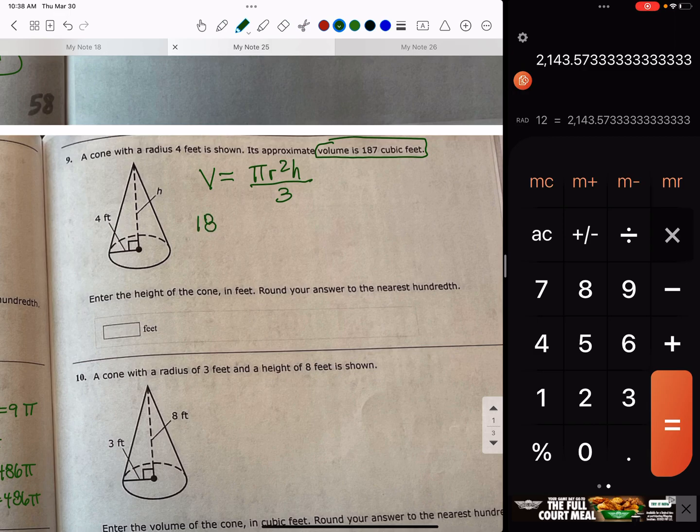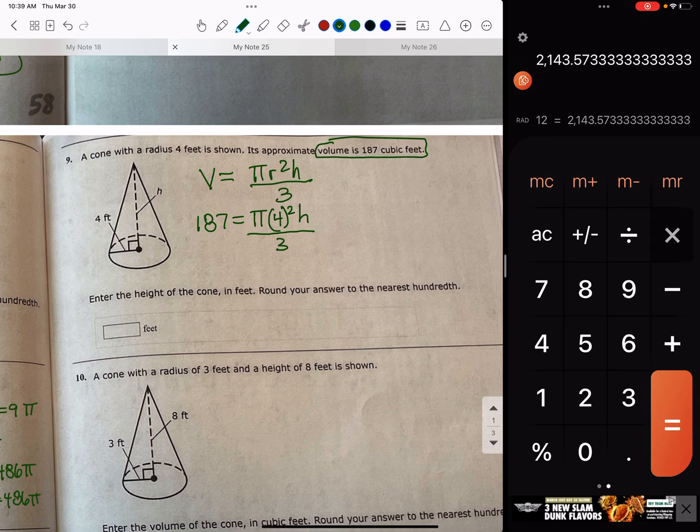Okay, so 187 equals, we got to work backwards on this one. Pi, the radius is 4, times, we don't know the height, divided by 3. All right, we have to work backwards. We have to chip away and find out what h equals. 187 cubic feet.